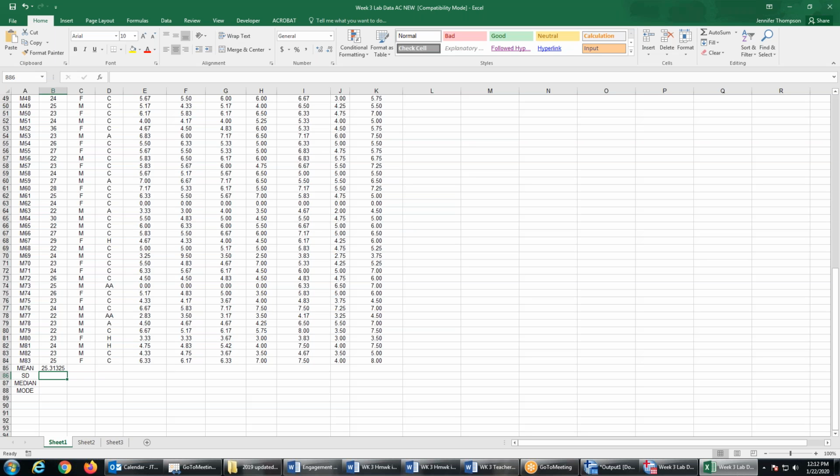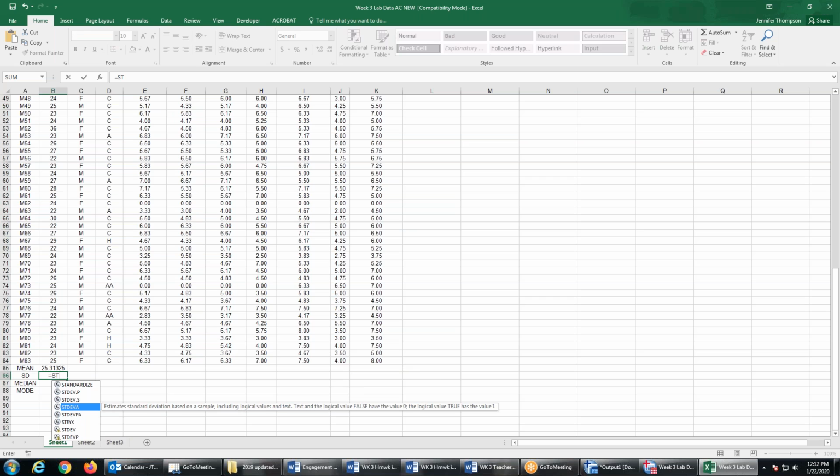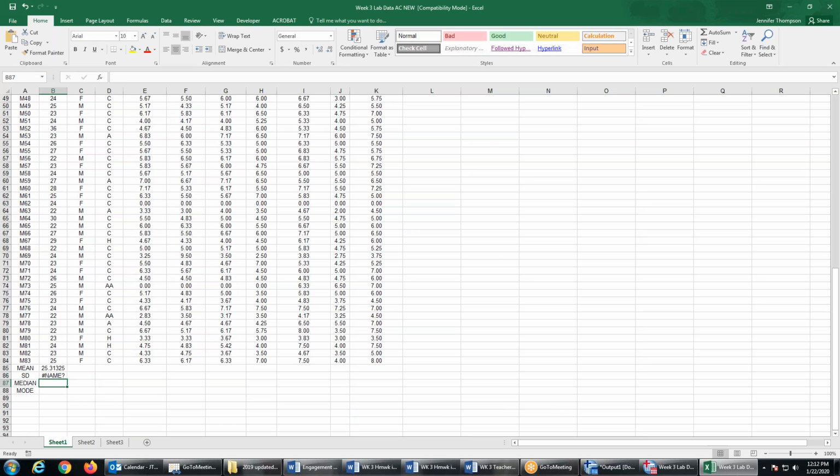And then we'll do the same thing for standard deviation. Equals ST, I think it's this one down here. I selected it, but let's see, equals STDEV, again B2 to B84.